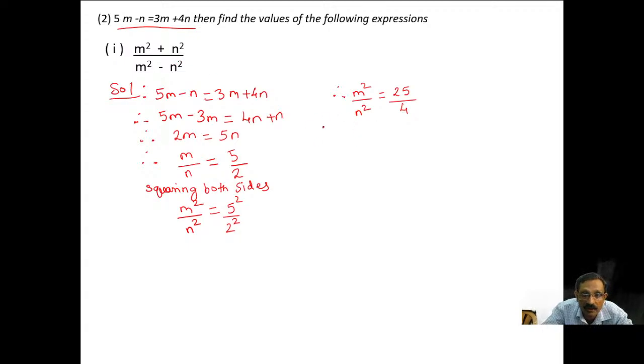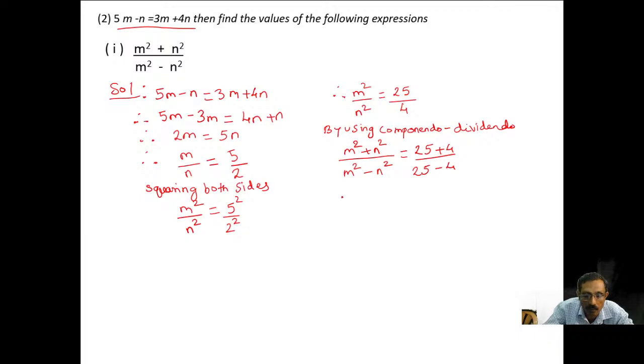So by using componendo and dividendo, what I will be getting is m square plus n square upon m square minus n square is equal to 25 plus 4 upon 25 minus 4.